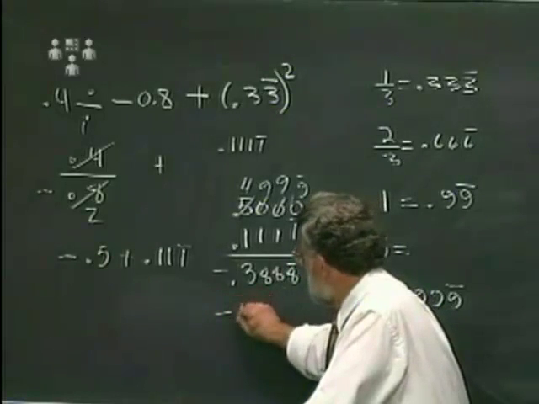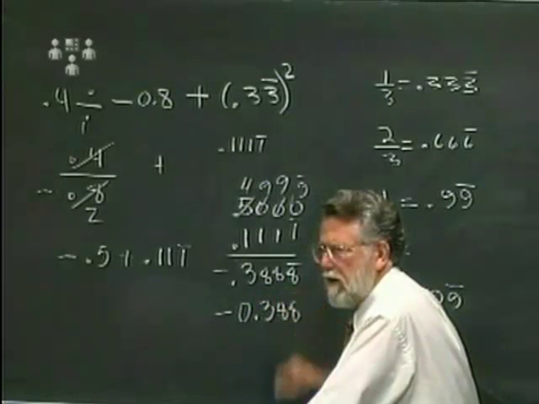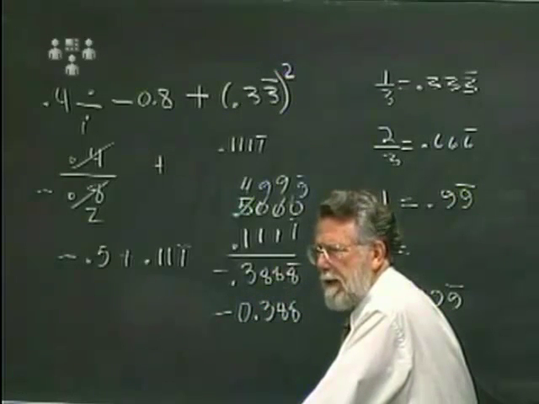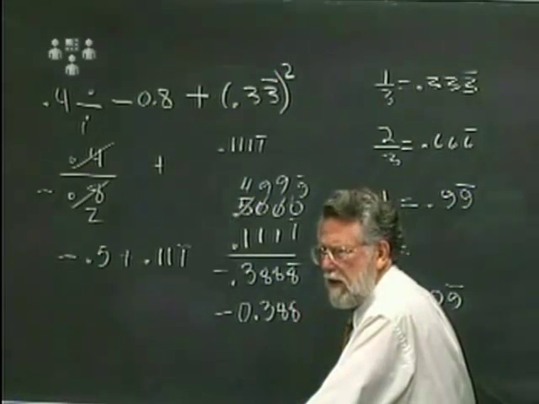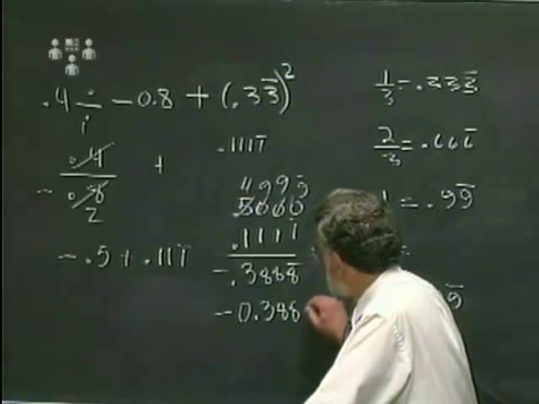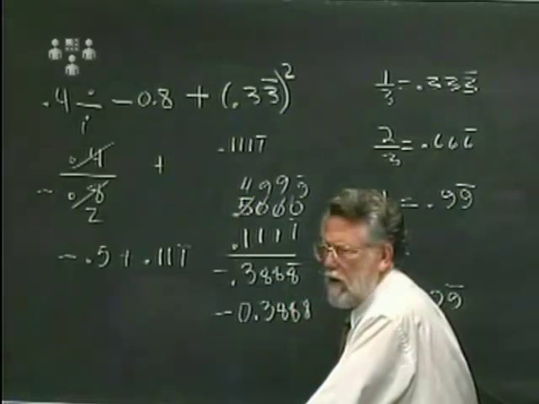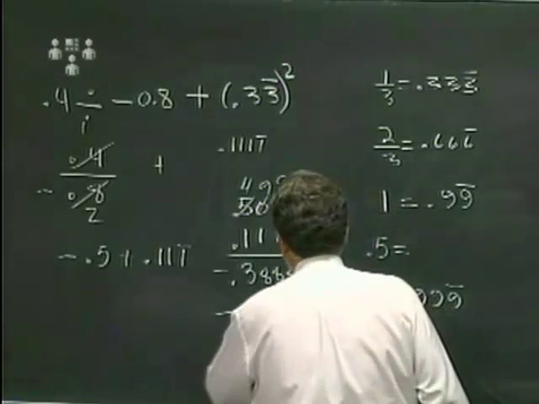Okay, negative 0.388. Let's see what they have. Negative point, and do they put a line over the 8s?